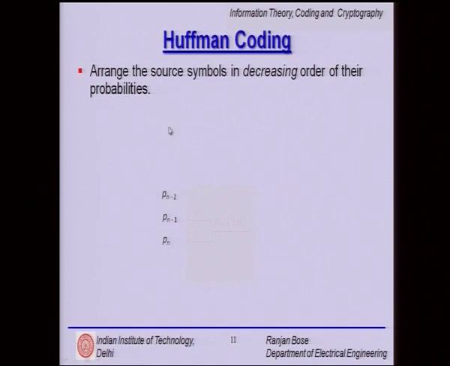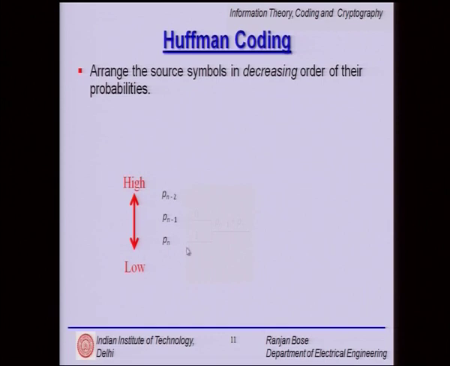Of course, we are not showing P1, P2, P3, but right at the bottom we have Pn as the lowest probability, Pn minus 1 a little higher, Pn minus 2 higher than that, and so on and so forth. So, we always start with the bottom of the ladder. On this ladder we have arranged all the probabilities of occurrences of the symbols, but the bottom is the smallest and the top is the highest.